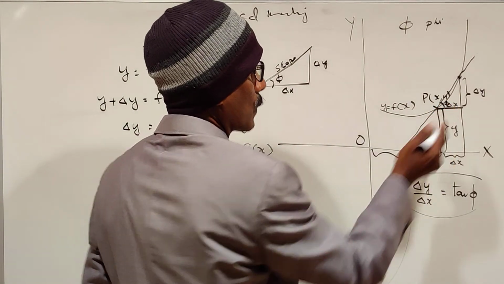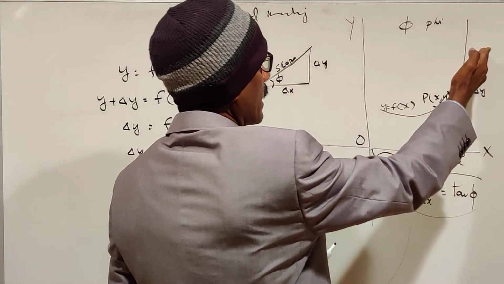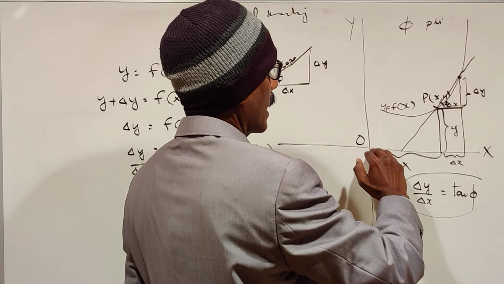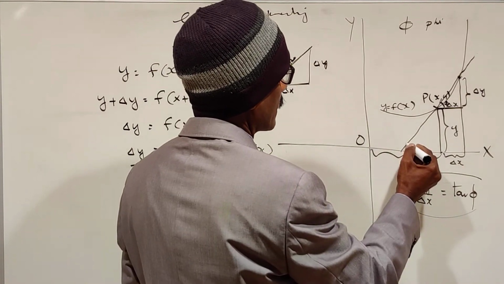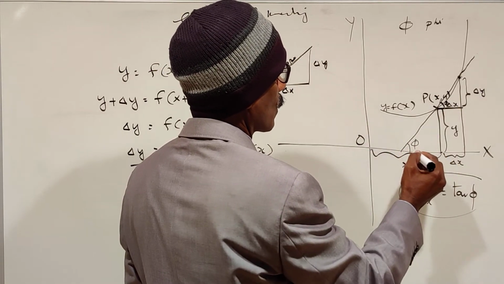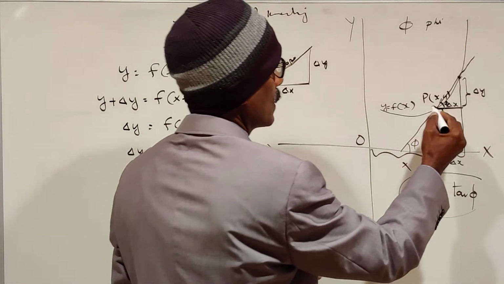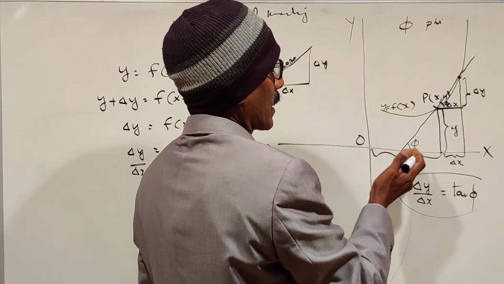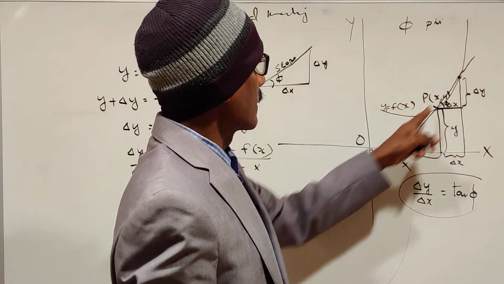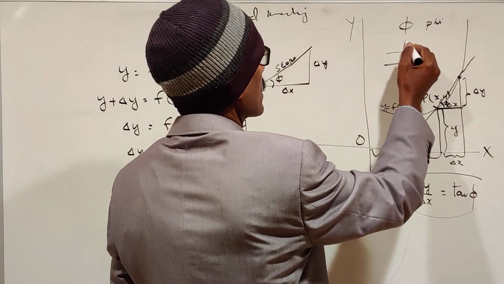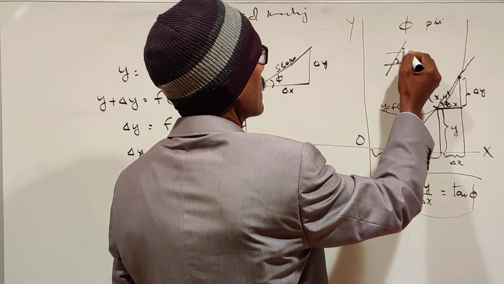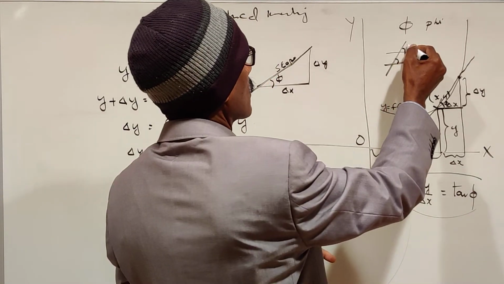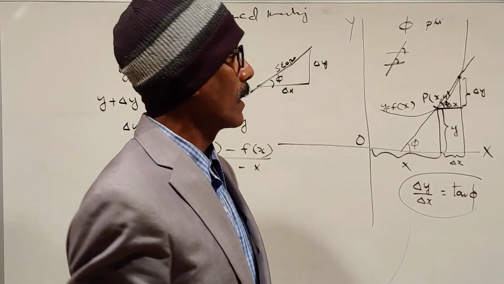Slope means that the line makes an angle with the x-axis. If this is phi, this one is also phi. Why? Because these two lines are parallel with one transversal, and the corresponding angles are equal.